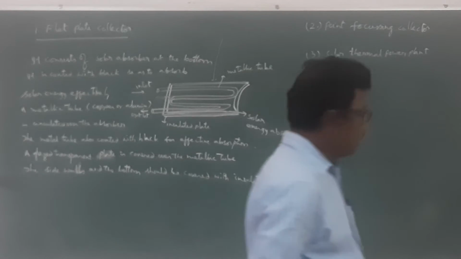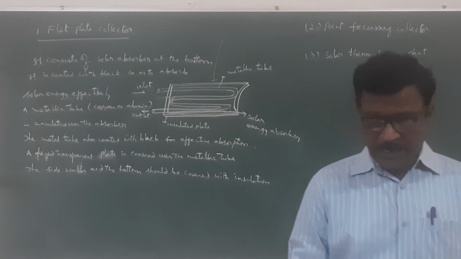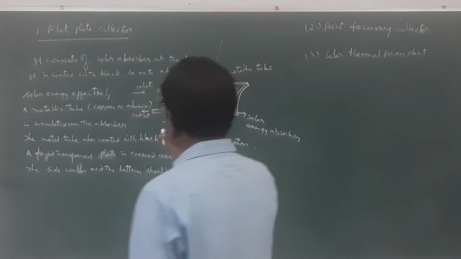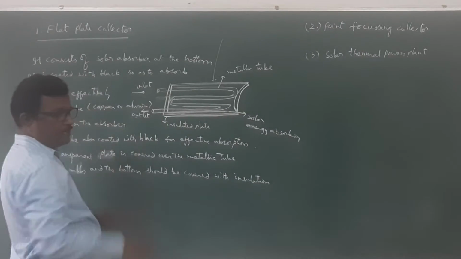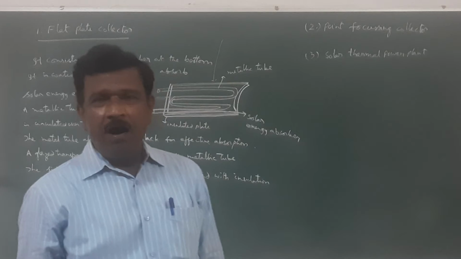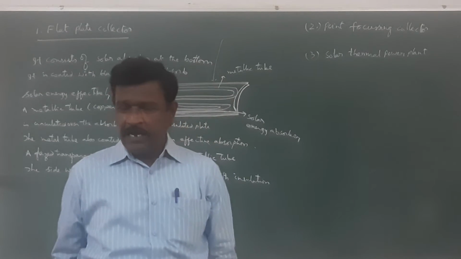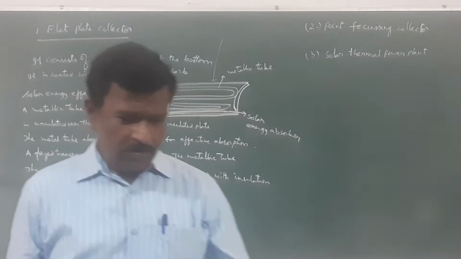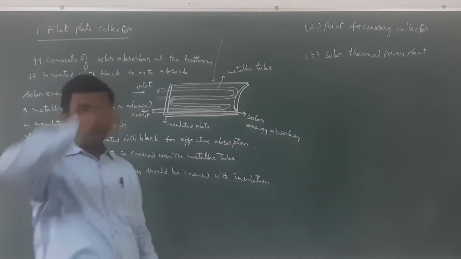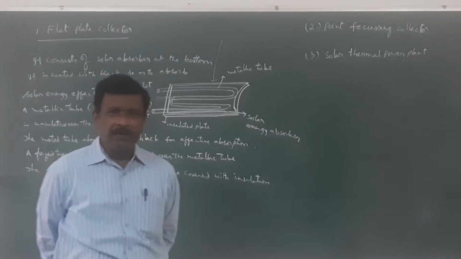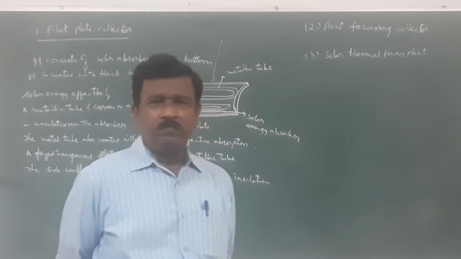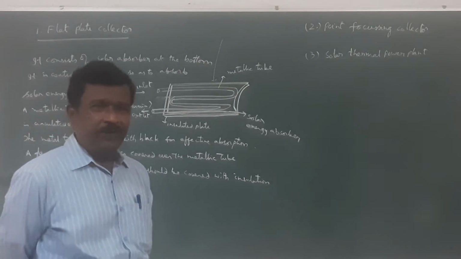Another type of solar energy collector is the focusing collector. We might have seen flat plate collectors at some houses or in solar power plants. You can see a number of flat plates mounted over the ground at a certain angle so as to absorb solar radiation effectively.